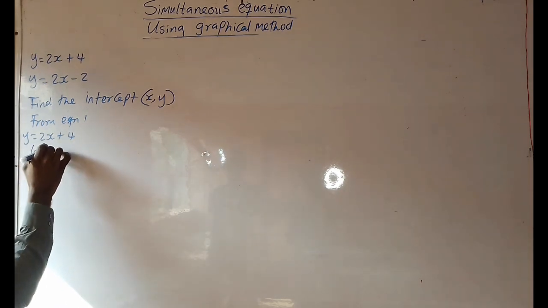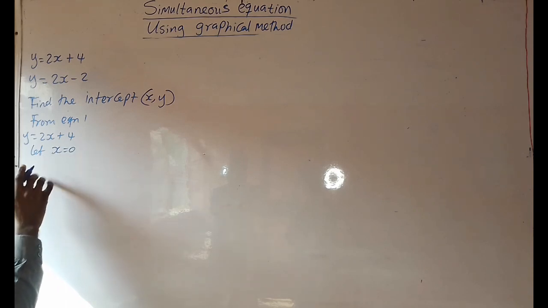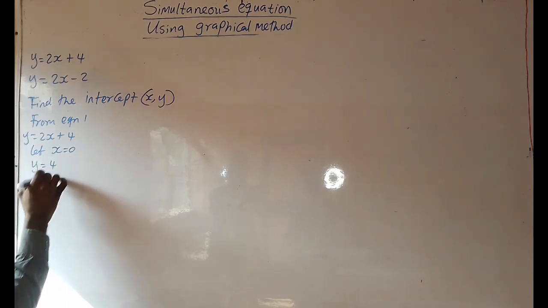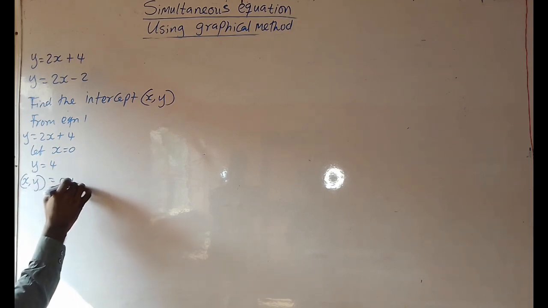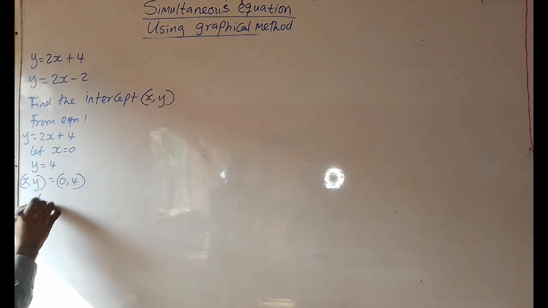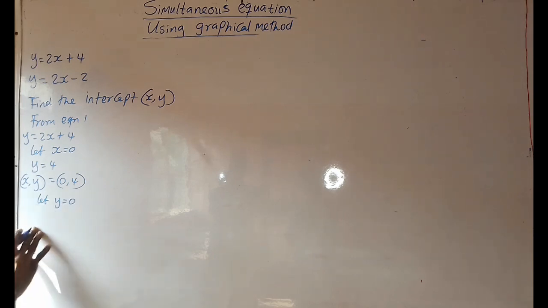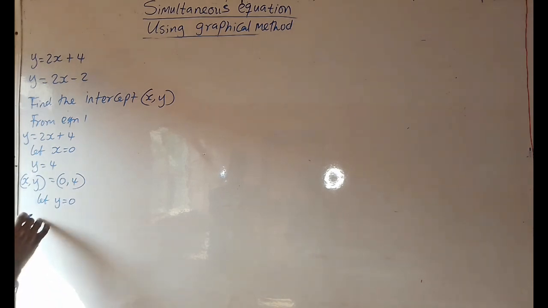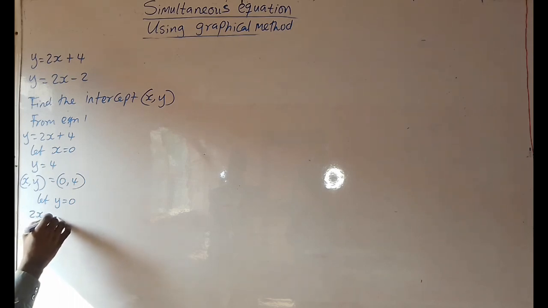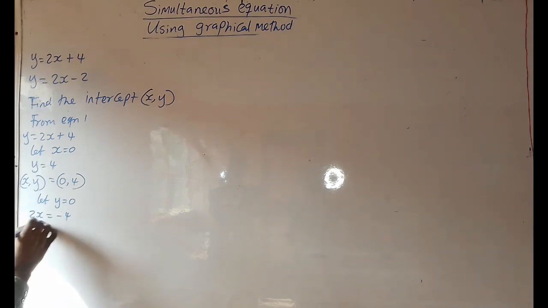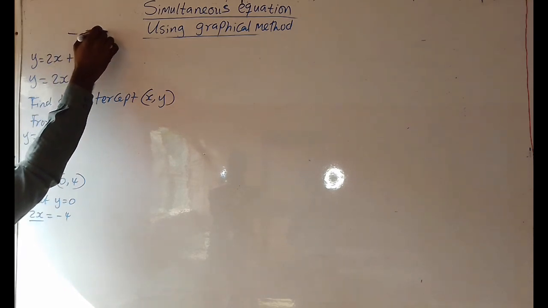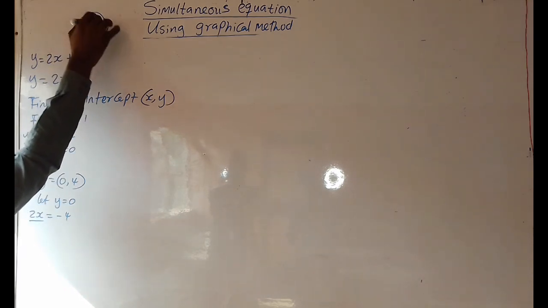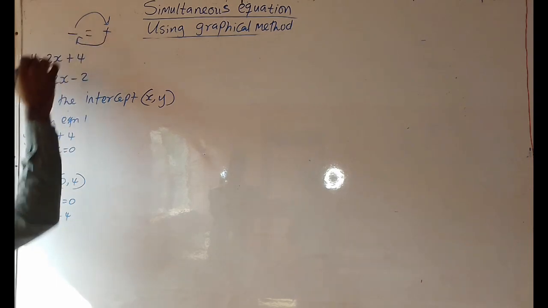Now, let x equal 0. When x equals 0, your y is 4. Therefore, x, y equals 0, 4. Now, let y equal 0. When y equals 0, what is our x? We have 2x equals minus 4, because don't forget, when minus crosses the border of equality it changes to plus, and plus changes to minus.